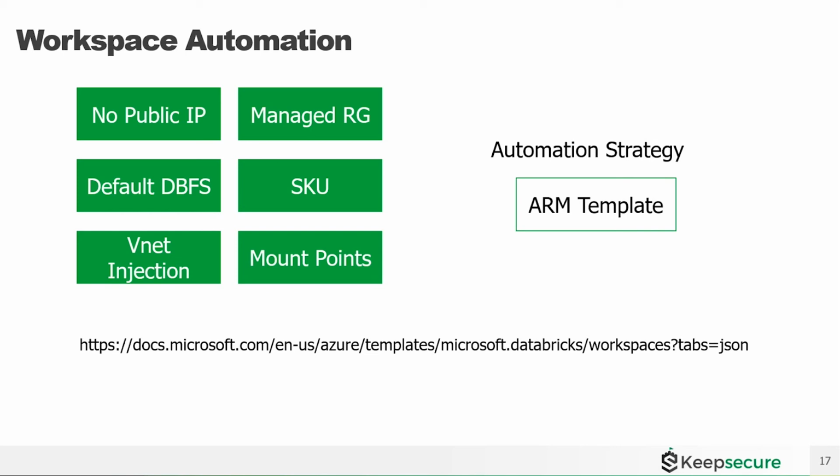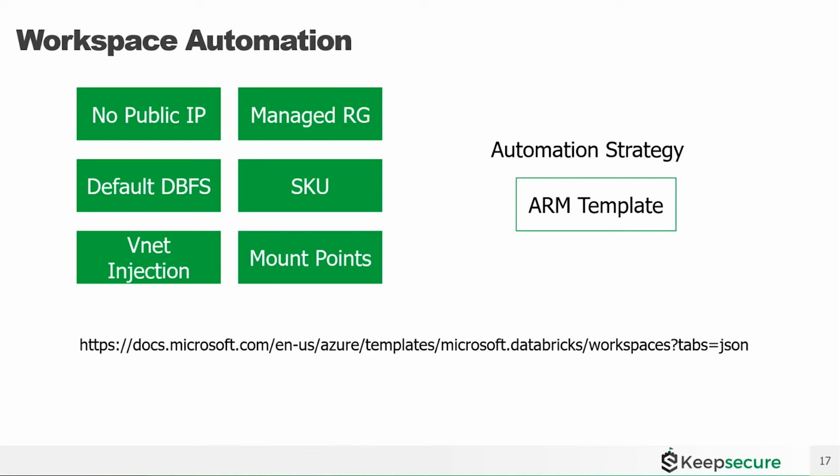You can obviously pick the SKU, premium or standard, or I think there's a few other options now. You can do what's called VNet injection, which we'll talk about in a little bit, and you can also configure mount points, which basically make storage accounts globally accessible across that workspace.